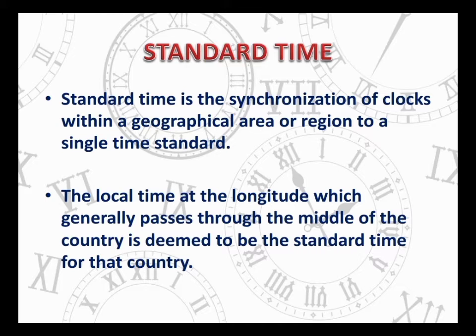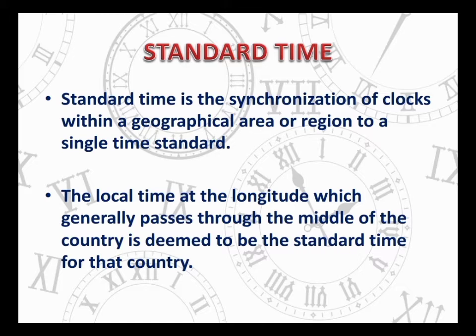Even if the states of India have different local times, according to their longitude lines, there is a general time set for the country which everyone follows. Even if in Mumbai the time is 5 am and in Kolkata it is 6 am, they will only follow the general time, which is the standard time.